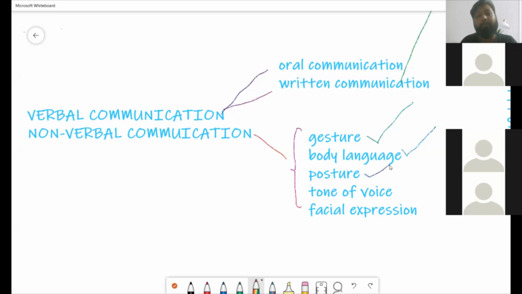If you see me sitting in an uncomfortable position, or I'm doing this back and forth, then you know that probably I'm not sitting in a very comfortable posture.